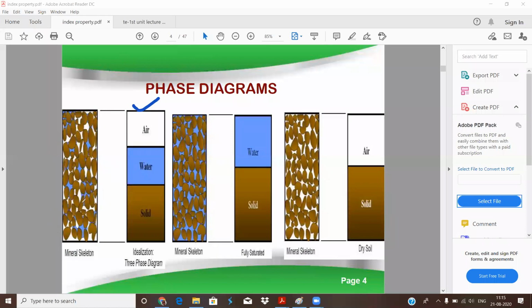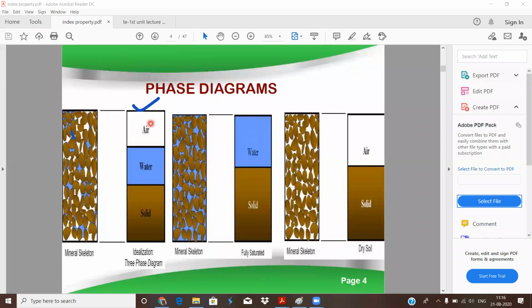In this soil, if you see the picture, in most places solid particles are available. So the maximum volume is given to solids, with a smaller amount of water and a very small amount of air. In this diagram we have three phases: solid, water, and air. That is why it is known as the three phase diagram.